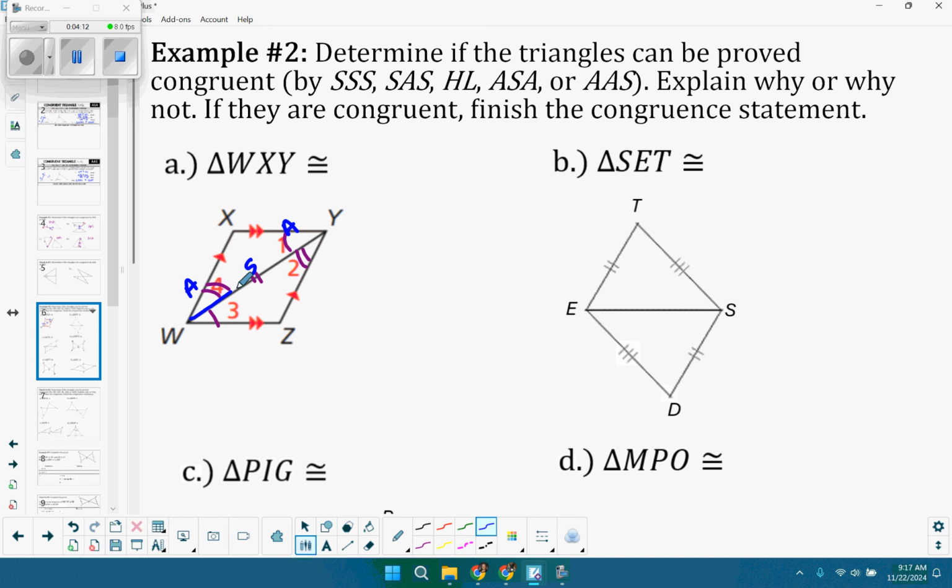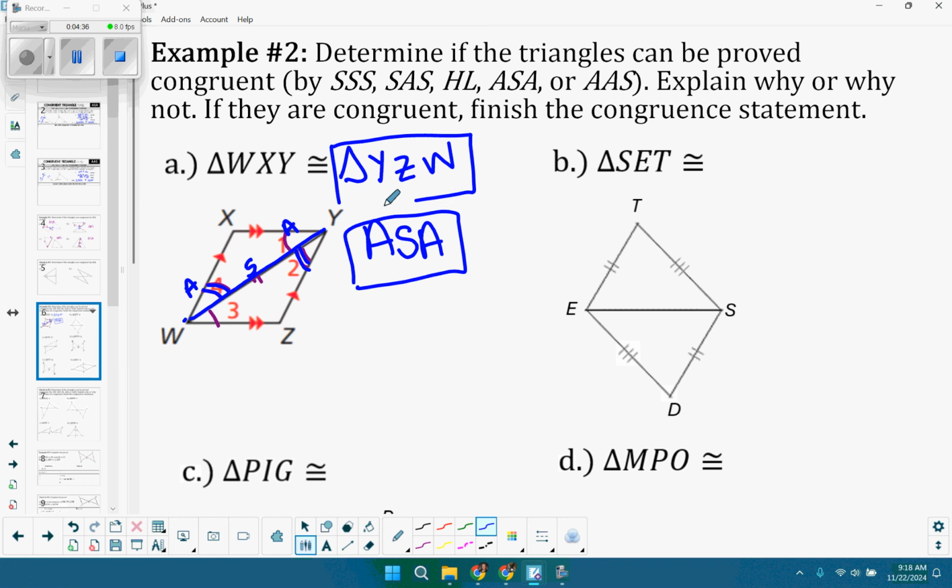Connecting the 2 A's together passes the S. So this is ASA. And for my congruent statement, triangle WXY, so W started with 2 marks, other triangle, 2 marks is Y. Then I went to X with no marks, so I would go to Z with no marks, and end at W with the 1.